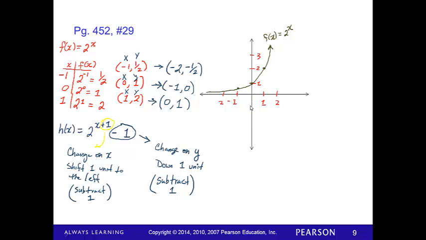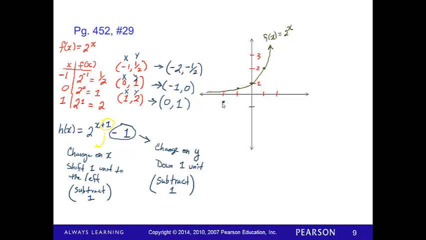And I need to give myself some more tick marks. There we go. So negative 2, comma, negative half. And I'm going to erase these numbers because they are going to be in my way. So negative 2, comma, negative half. It's just about there.